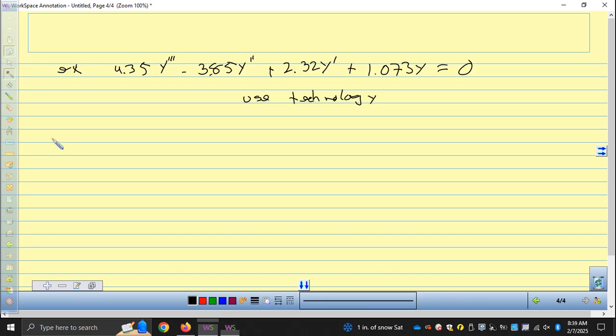All right, let's look at a higher order example. y triple prime minus 6y double prime plus 12y prime minus 8y equals 0.